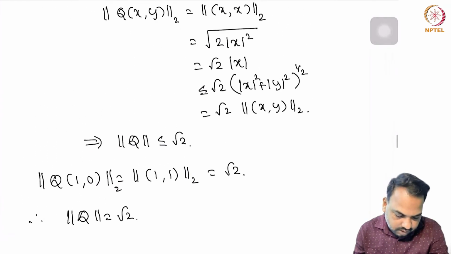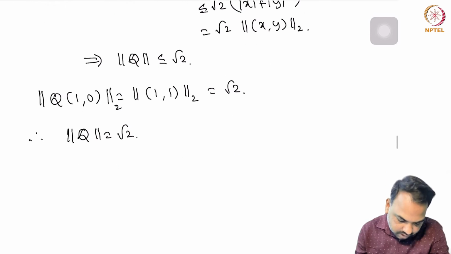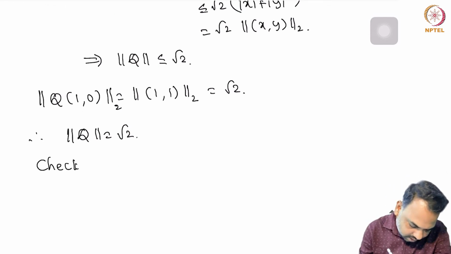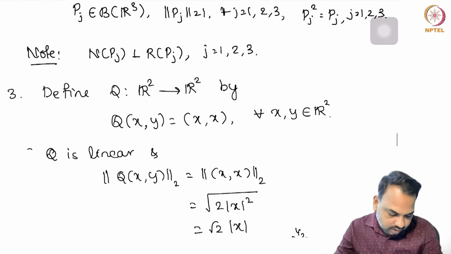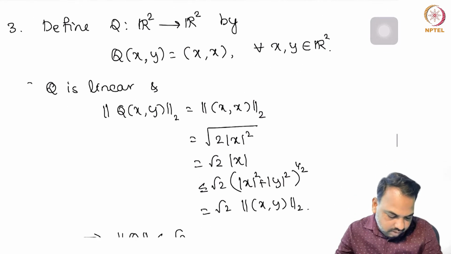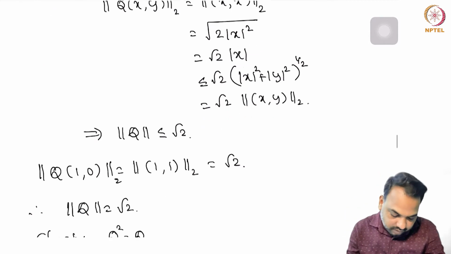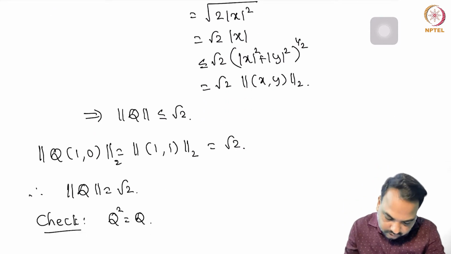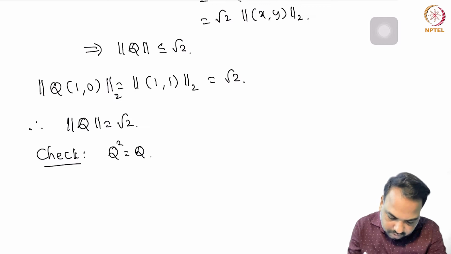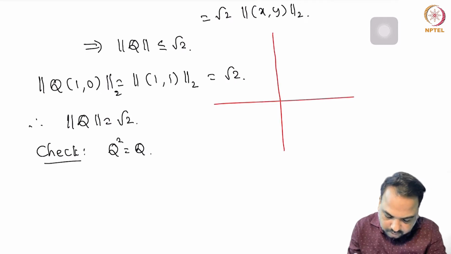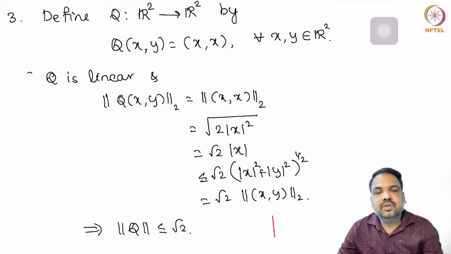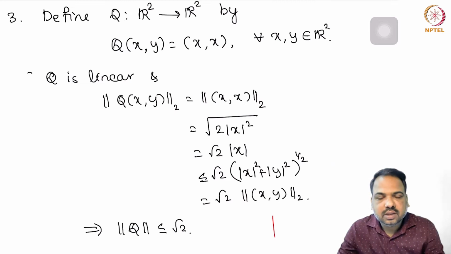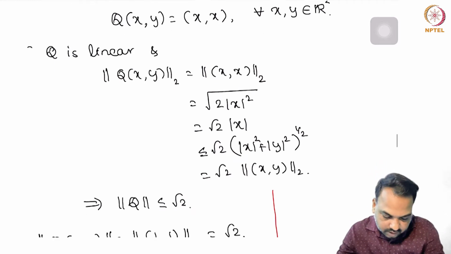Okay, we can easily show that this is a projection. We can easily check that Q square equals Q. If you look at the kernel or null space of Q, it is the set of all (x, y) such that Q(x, y) is 0. That means the set of all (x, y) such that (x, x) is 0, that is x is 0.